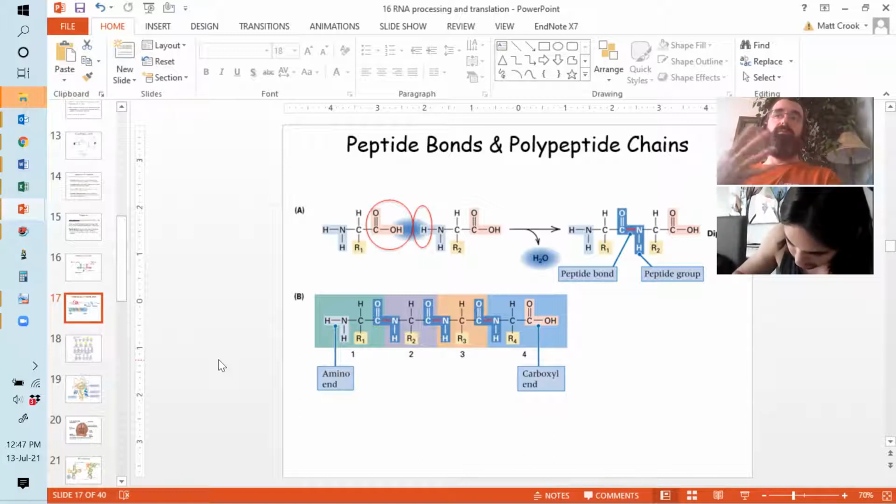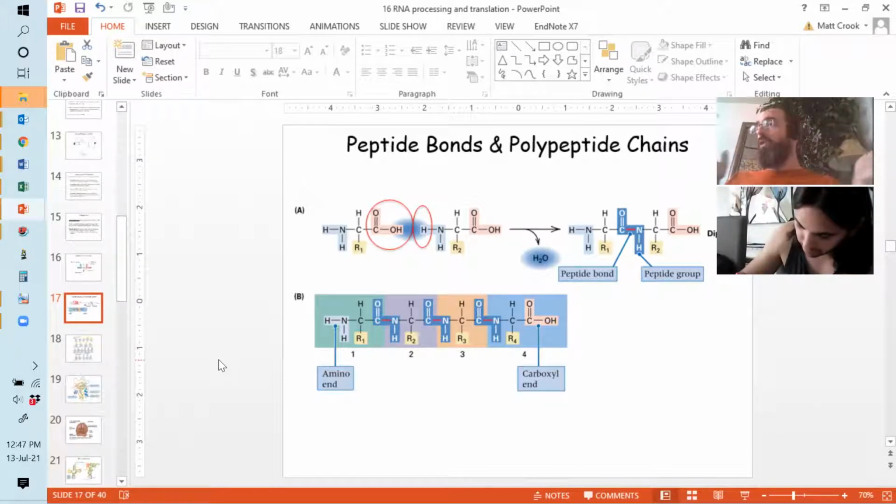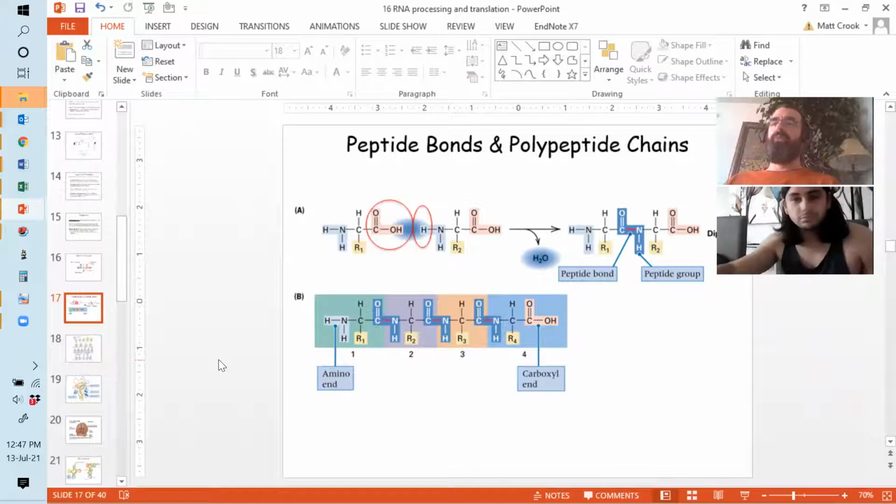So we're able to go from 4 bits, like as in computer code, 4 bits of information, and we can end up with 20 different amino acids from that information. Now, depending on what order we have those amino acids in and which ones, we can encode in our own genome 20,000 different proteins.